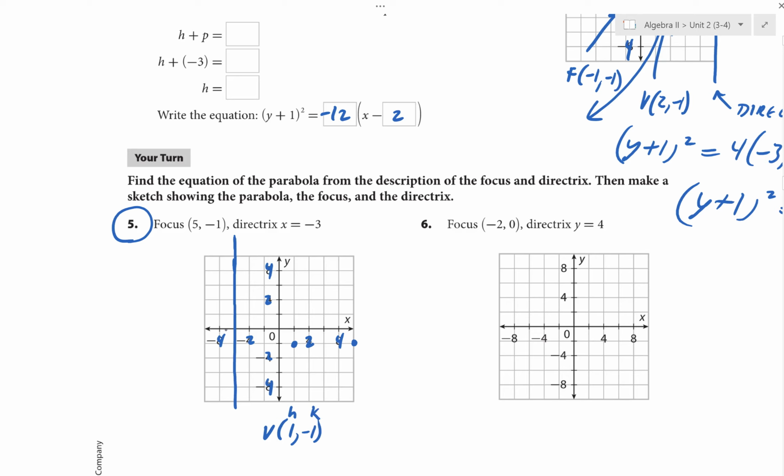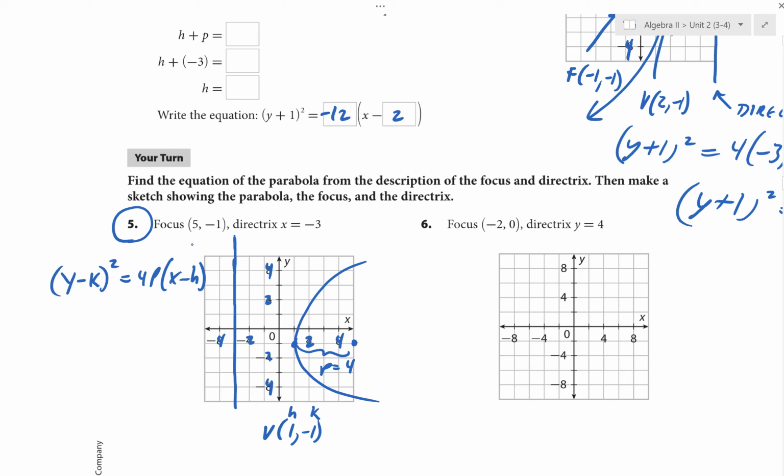And since it's going to have to wrap around its focus, it's going to go this way. And we see now that p goes from 1 to 5, so p equals 4. And since it's going sideways, it's going to be a y squared. So (y minus k) squared equals 4p times (x minus h).